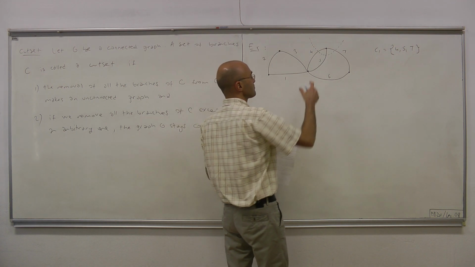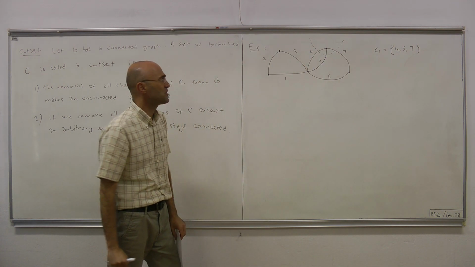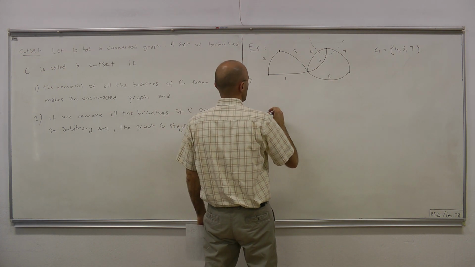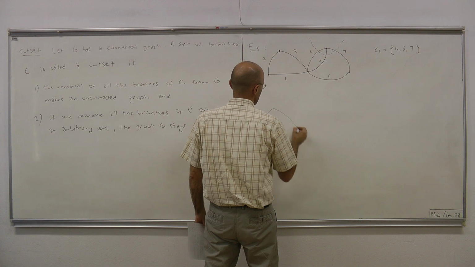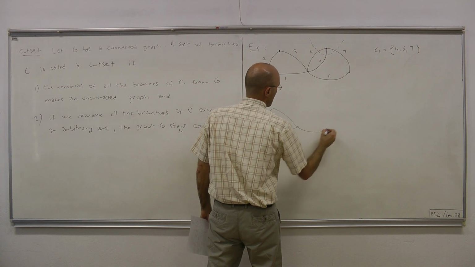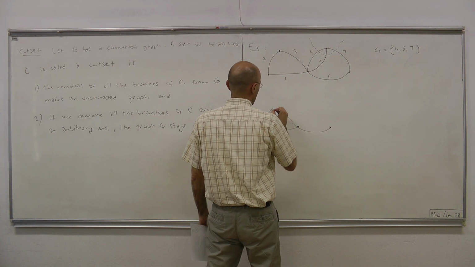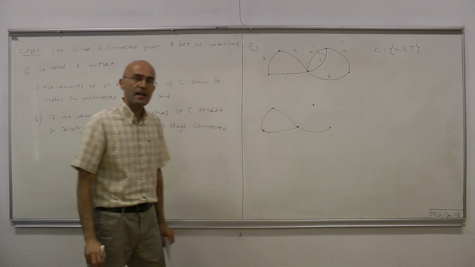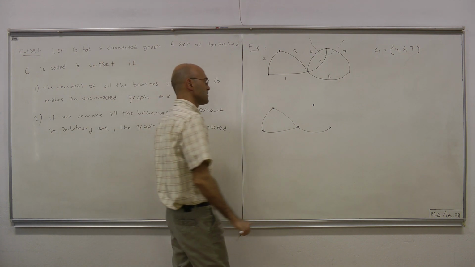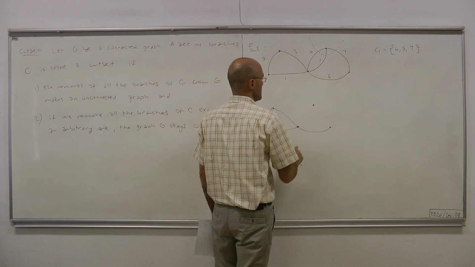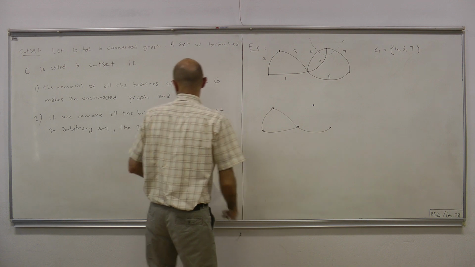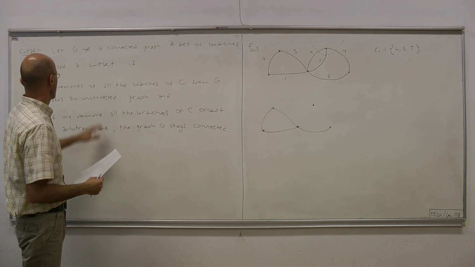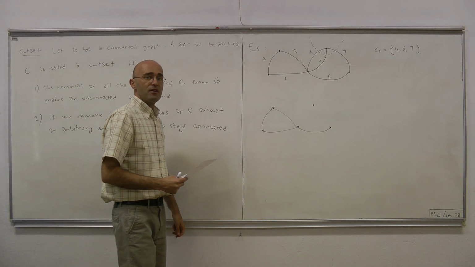Because if you remove all those branches, what remains is, let me quickly draw it here, this and this node sitting on its own, because we removed 4, 5, and 7. So if you remove all the branches from the cut set, the remaining graph is unconnected.